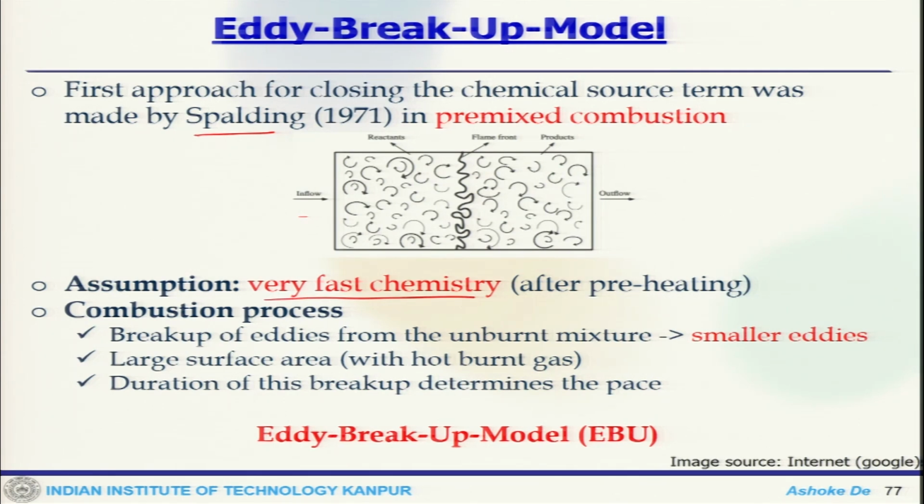The combustion process, what it says, is that the breakup of eddies from the unburned mixture to the smaller mixture, that means from this side to that side. Due to this, the large surface area and duration of this breakup determines the pace. That is why this terminology came up, the eddy breakup model, because depending on how the eddy breaks up, the reaction source term is closed.